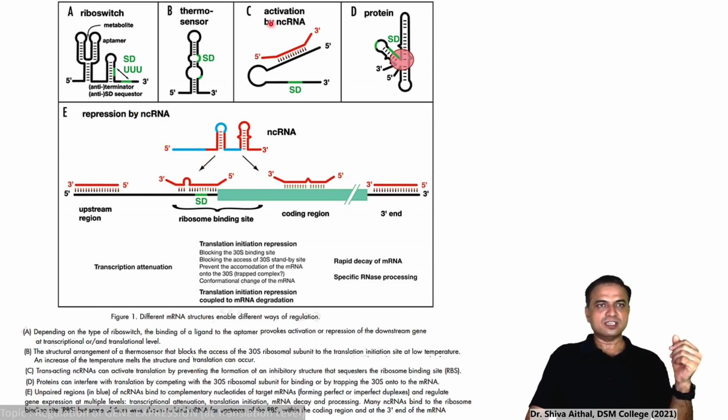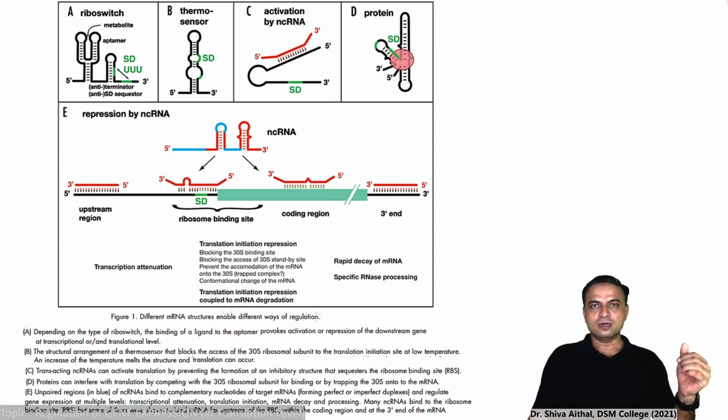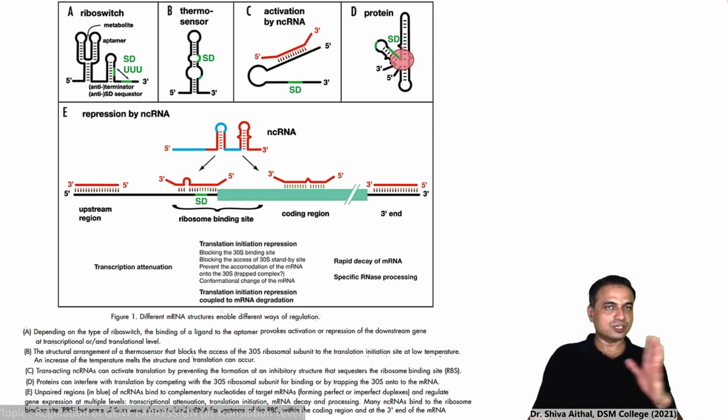So these are various types of riboswitches which are controlled either by a thermosensor or by activation by another mRNA or some proteins. It is a beautiful mechanism. A whole new world of translational regulation can be studied in a totally different lecture. So that's up to you to explore. That is the third type of translational control, that is riboswitches.